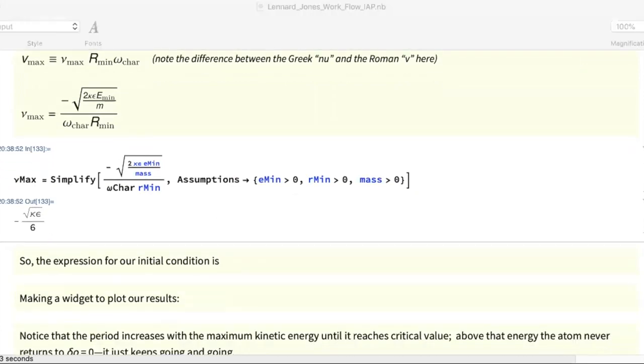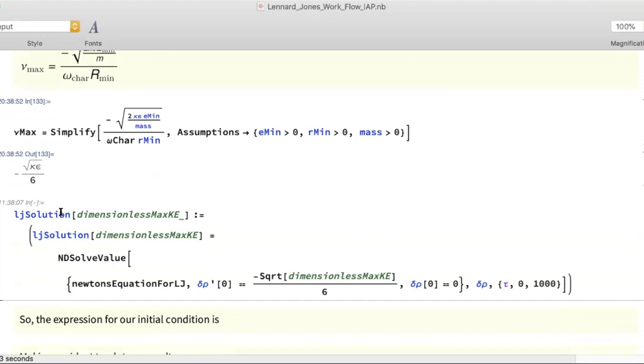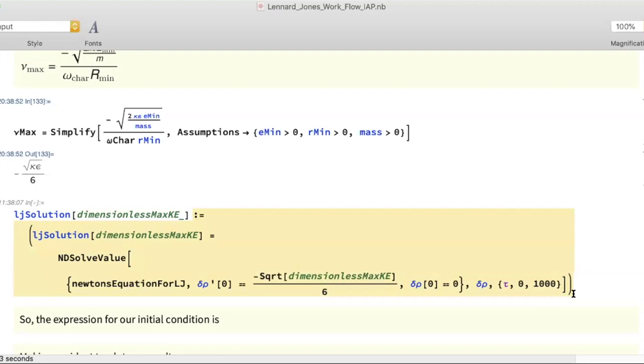Okay, so let's write down a way of extracting a numerical solution. All right, so here is a way of making a function in Mathematica. The way this works is I'm going to name a new function, LJ solution, in terms of a pattern, and then this is something which says I'm going to delay the evaluation of everything in the right-hand side until I use it.